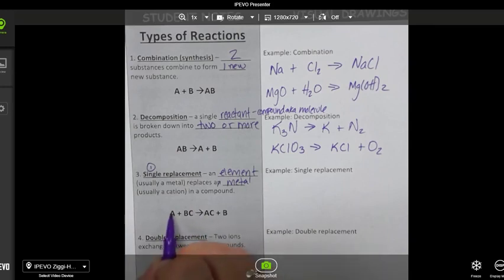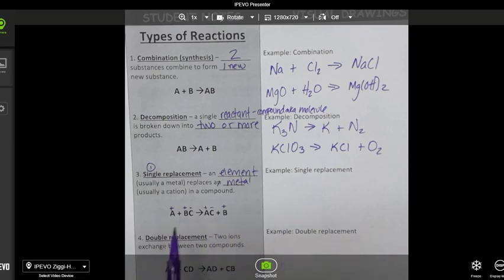So typically in this reaction, A would be a cation, B would be a cation, and C would be an anion. And what happens is this anion who's with B is going to leave B to go be with A. Because here's our cation, here's our cation, here's our anion. So our anion leaves the first cation it's with to go be with the other one.